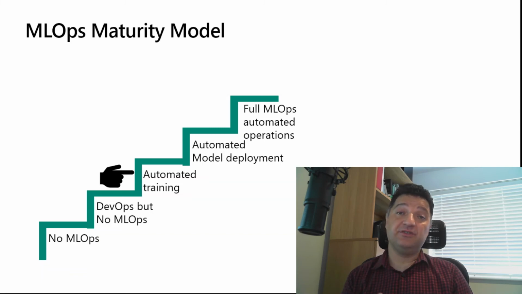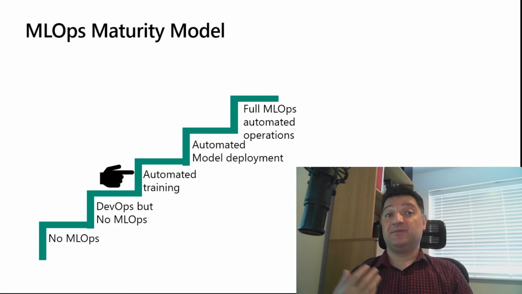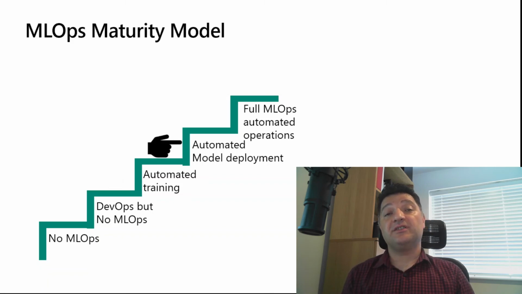Releases are manual but low friction, and you have fully automated model training with centralized tracking of model training performance, as well as you can now do model management. And in automated model deployment, releases are now low friction and automatic. You have full traceability from deployment back to original data.